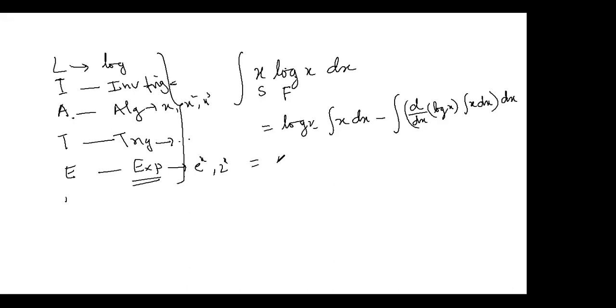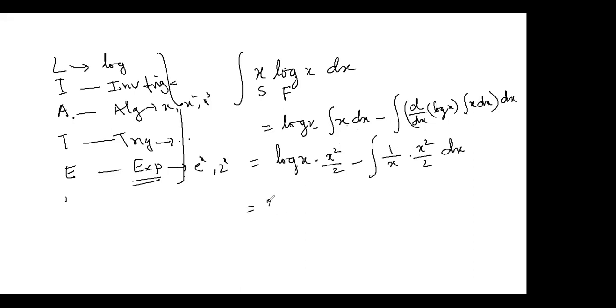So your answer became log x, integral of x is x squared by 2, minus derivative of log x, 1 by x, integral of x, x squared by 2, into dx.